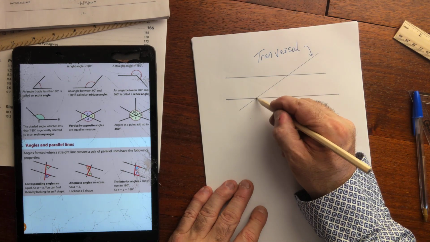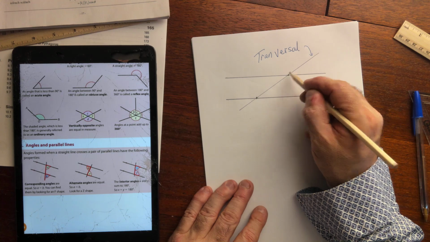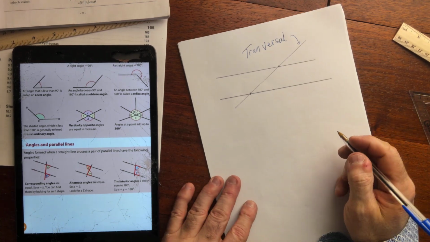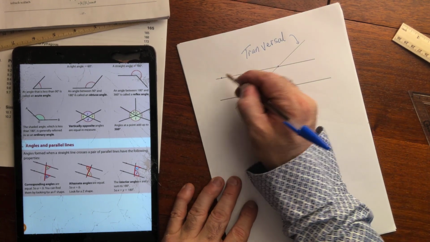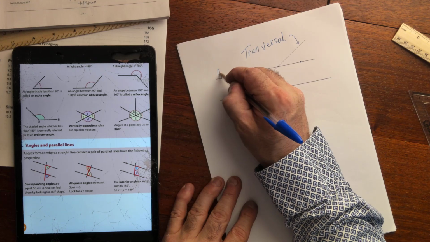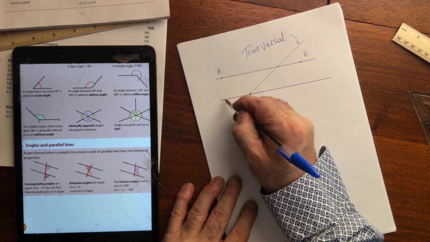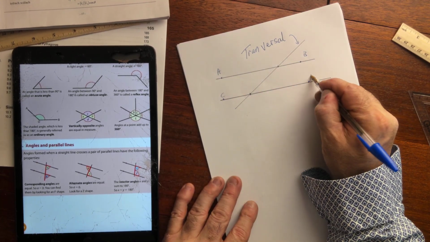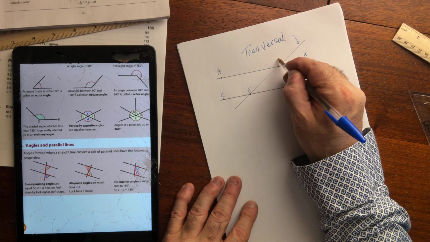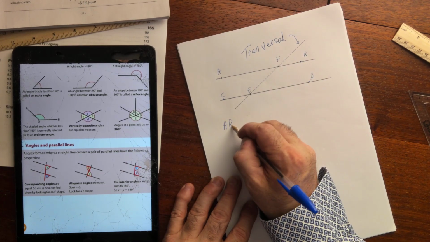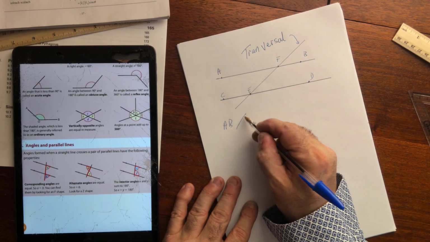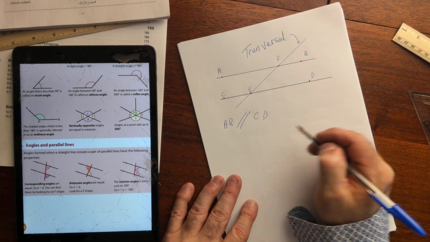Now let's do some geometry. Let's apply what we've been talking about. So let's say that we have the line AB, CD, EF. First of all, we can say the line AB is parallel to CD.